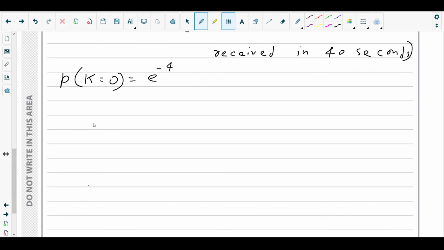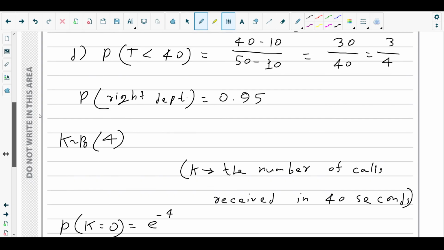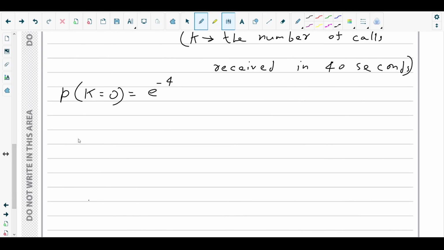Now the last step is the required probability.